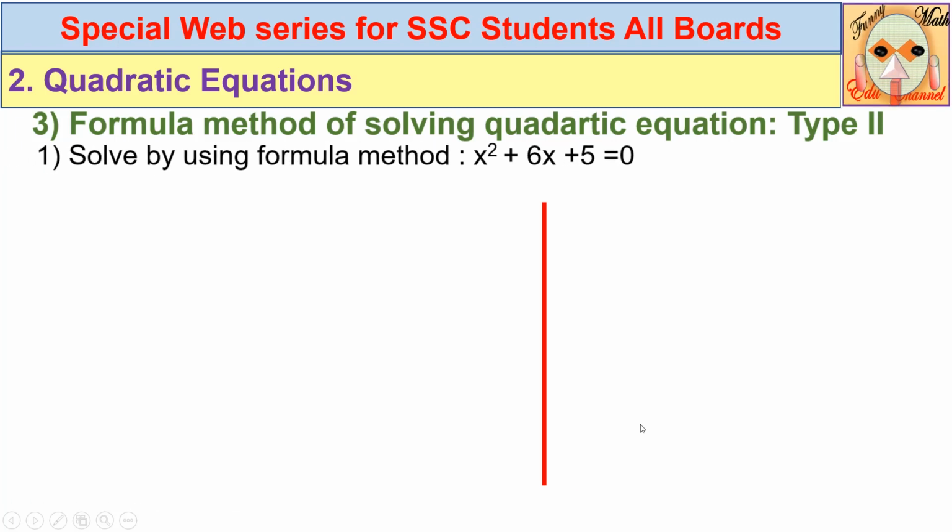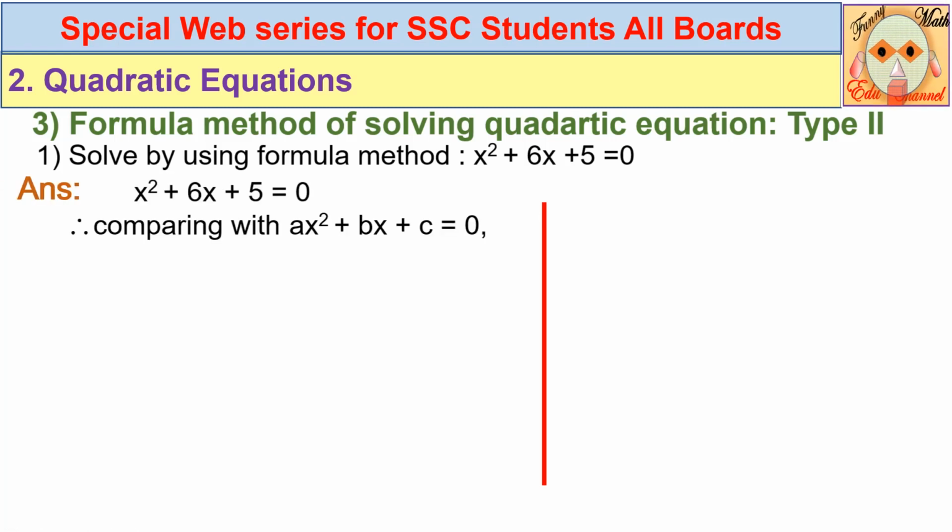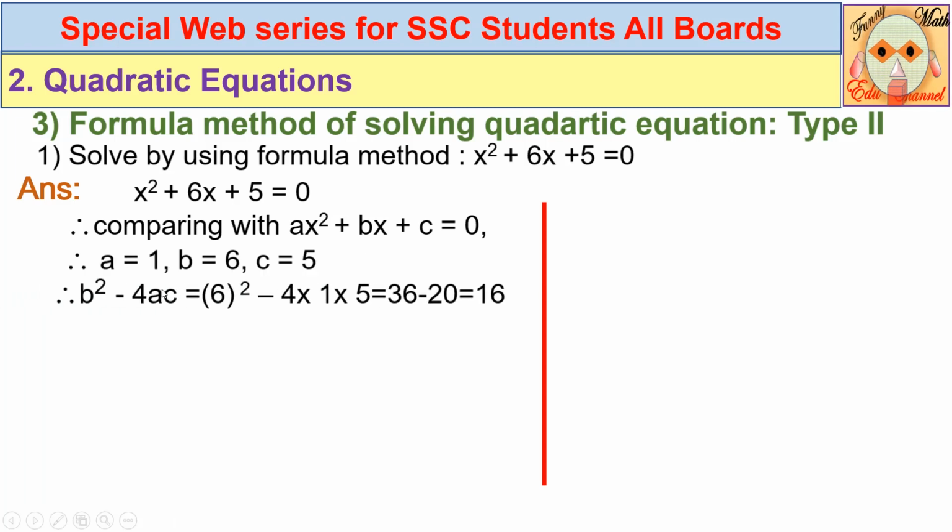The second example is a simple one: x square plus 6x plus 5 equal to 0. Here the coefficient of x square is 1 and this is in standard form, that is x square plus bx plus c equal to 0. So directly we are going to compare this equation. We get a equal to 1, b equal to 6, c equal to 5.